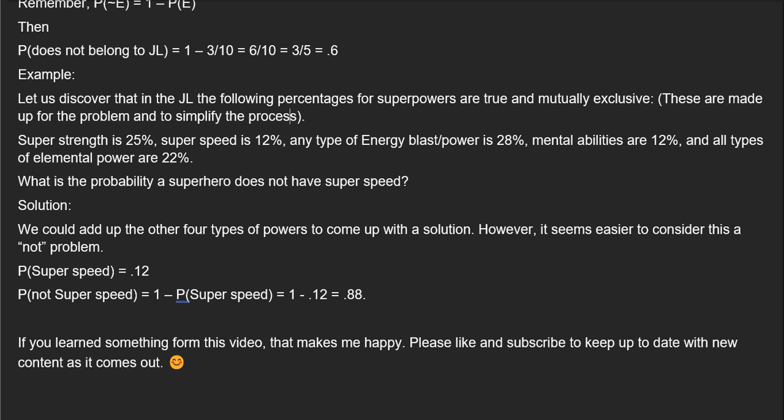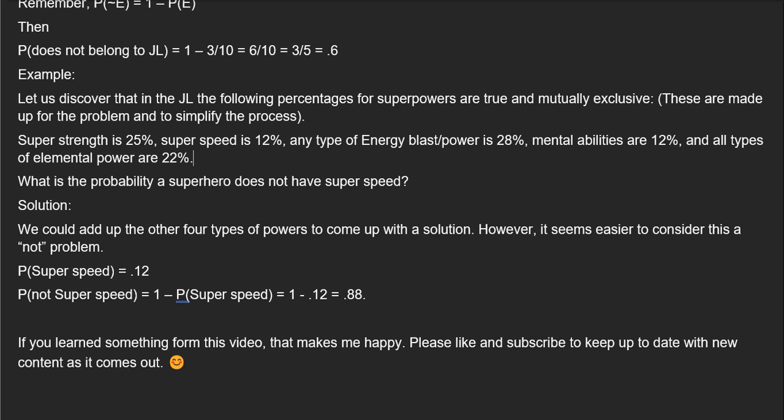If they were not mutually exclusive, some of these things would be more complicated and would need a Venn diagram. But let's say that super strength is 25%, super speed is 12%, any type of energy blast power is 28%, mental abilities are 12%, and all types of elemental power are 22%.